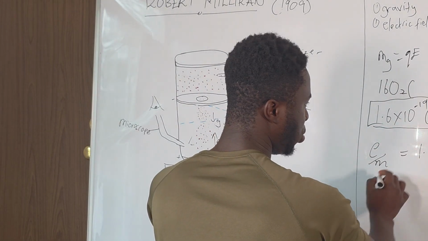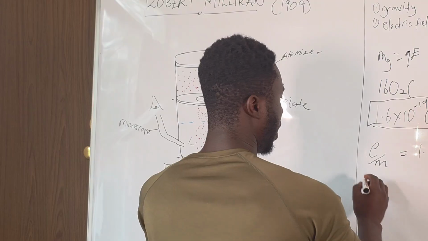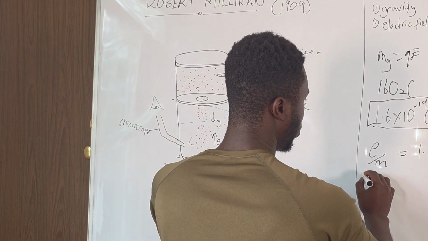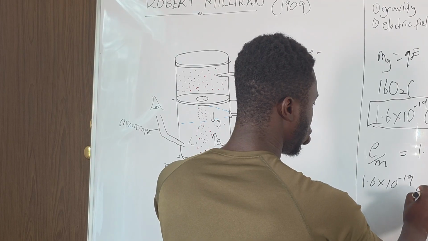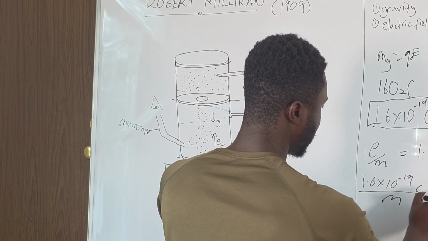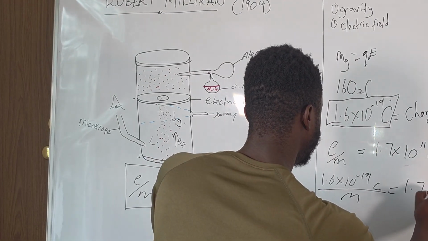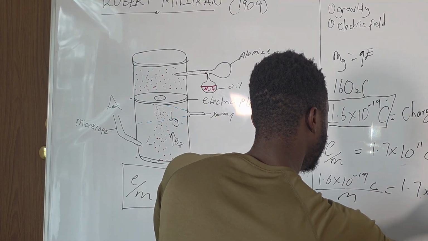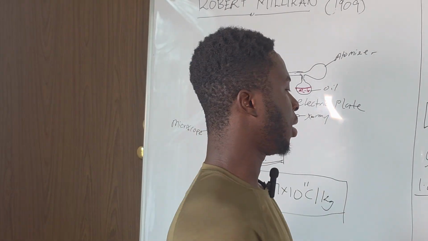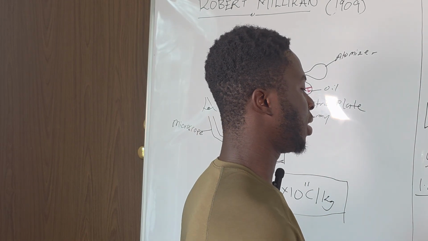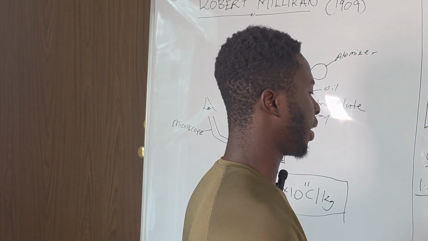So we could substitute this over here. If you substitute that, we're going to get 1.6 times 10 raised to the power negative 19 coulombs divided by the mass should give us 1.7 times 10 raised to the power 11 coulombs per kilogram, right? So now that we do have this, we go on and make the calculations.